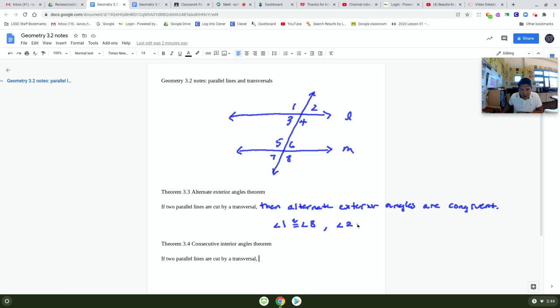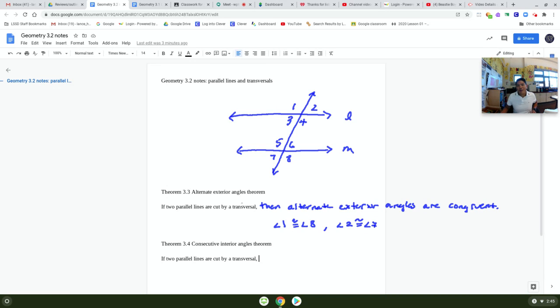It's an alternate exterior angle with angle 7. So those two angles are congruent. And that's the only pair of alternate exterior angles, those two pairs. And then so far, if you notice, all the pairs of angles so far are congruent. Corresponding angles are congruent, alternate interior angles are congruent, and then alternate exterior angles are congruent as well.